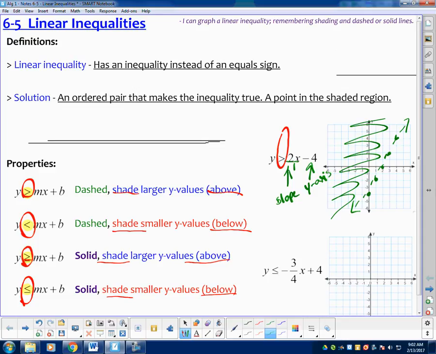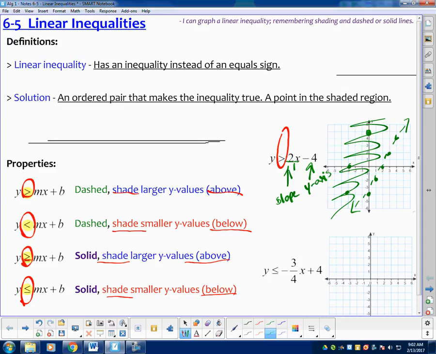Shade that, because it says greater than. Greater than is all the, if it was less than, it would be underneath. Okay, so I can pick any point in this shaded area, anywhere here, and it will make my inequality true.